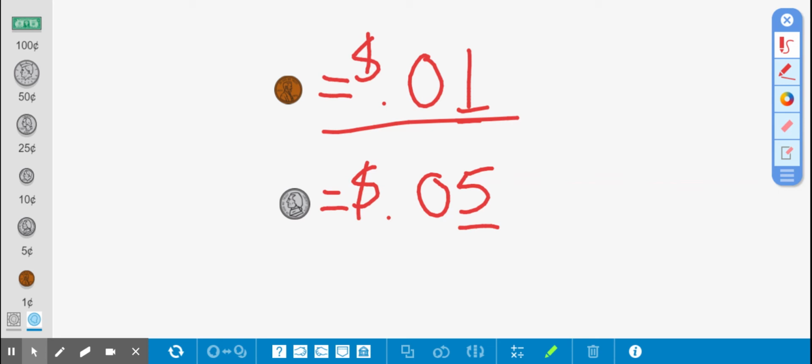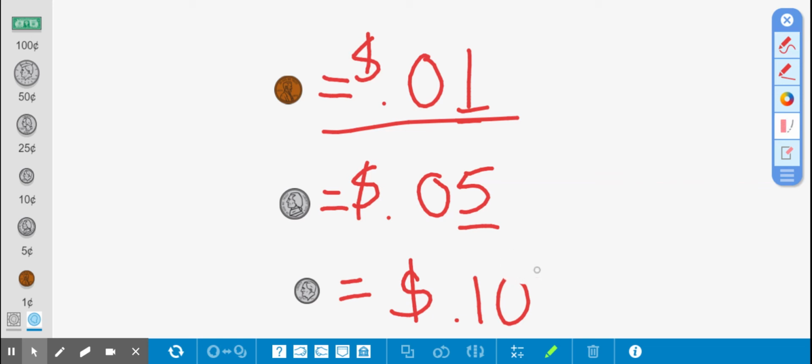Now, 10 cents. If I have 2 nickels, that would allow me to make a dime. And a dime is worth 10 pennies. Or we finally move over a place and we know that it takes 10 dimes to make a dollar. So 1 dime is worth 10 cents.